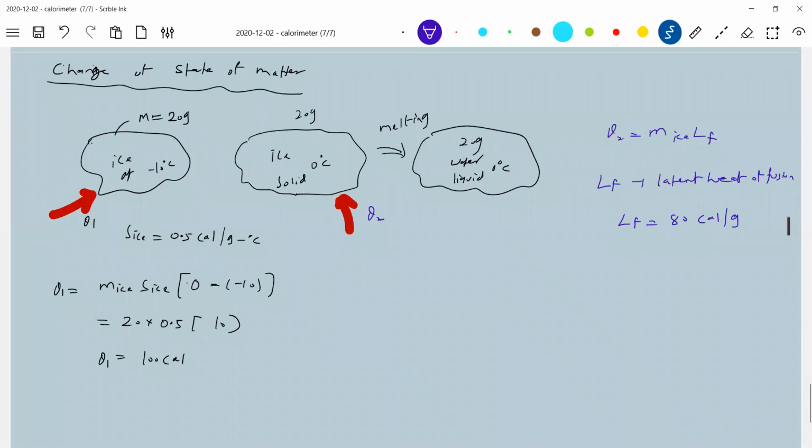So how do we define latent heat? Amount of heat required to melt m grams of substance is called latent heat of fusion.